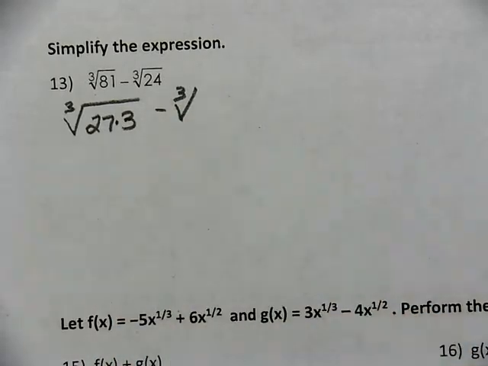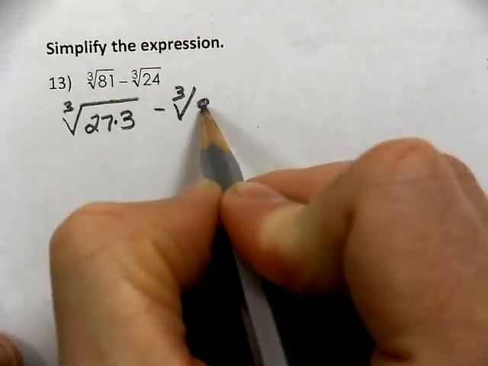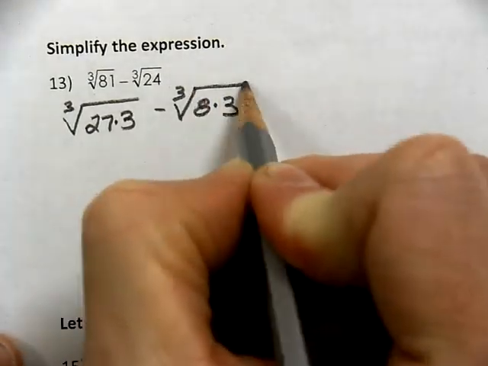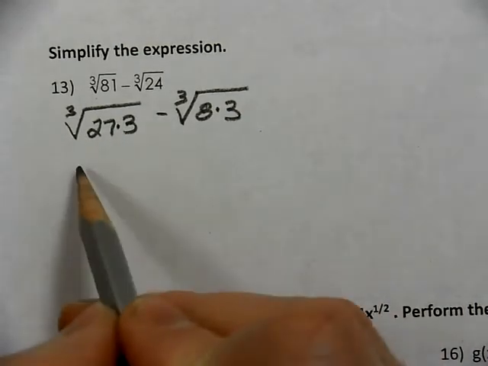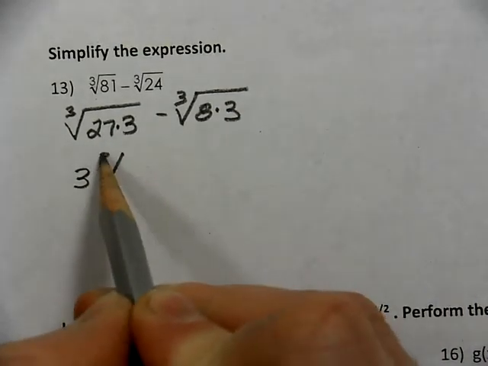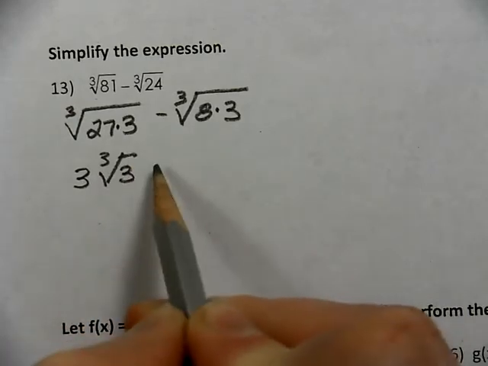And how should we break apart 24? We would most likely want to use numbers that are perfect cubes. So we're going to use 8 times 3. So the cubed root of 27 is 3, and we happen to still have a 3 inside.